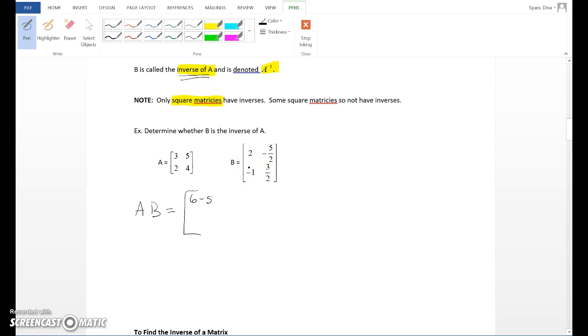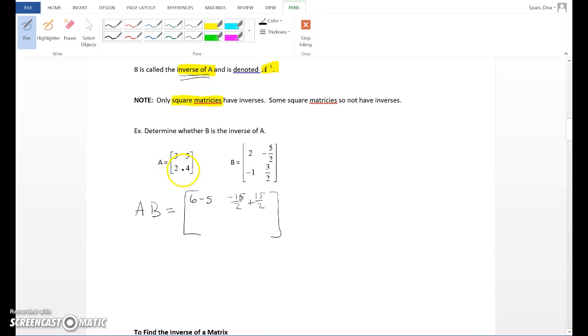Then row 1 dotted with column 2, we've got 3 times -5 halves, which is -15 over 2, and then 5 times the 3 halves there. We're going to have to add that to 15 over 2.